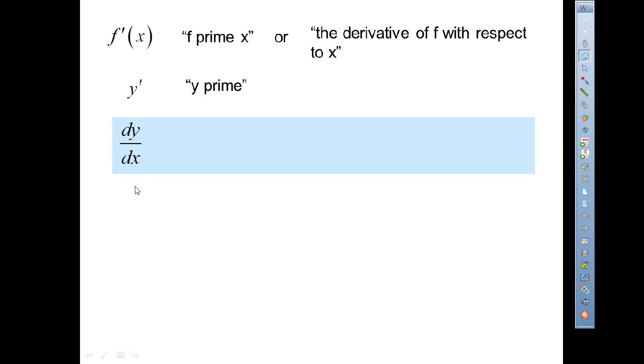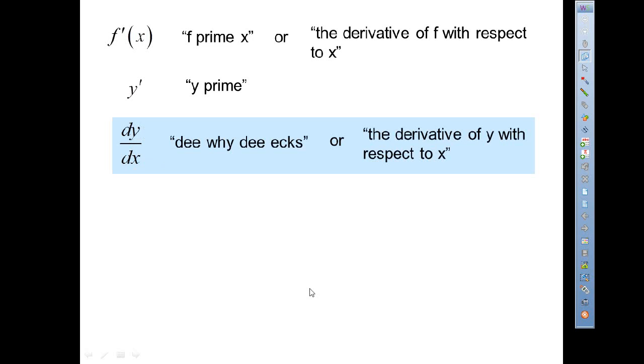We're primarily going to deal with one variable at a time, but later on in Cal 3, if you take Cal 3, you're going to have what's called multivariable calculus, where you may take a function and take its derivative with respect to x, and then y, and then z. You never know. But this is read dy dx. And it is the derivative of y with respect to x.